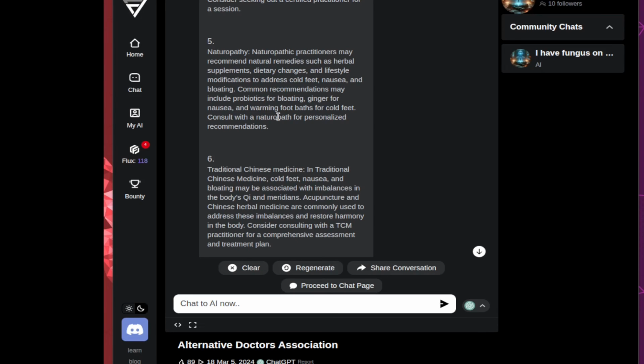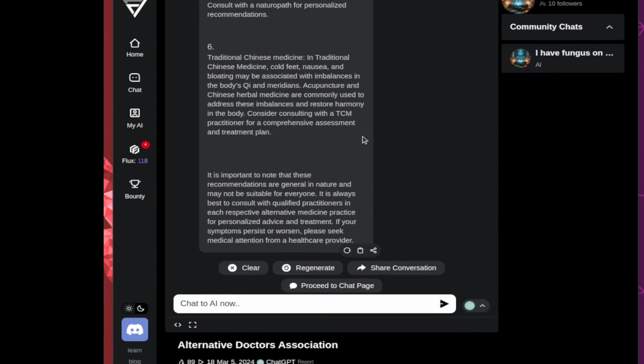For example, ginger for nausea, warming foot baths for cold feet, etc. And last but not least is traditional Chinese medicine. So here you go, and basically it's an imbalance in the body's qi and meridians. So acupuncture and Chinese herbal medicine are commonly prescribed. So consult. An apple a day keeps the doctor away.